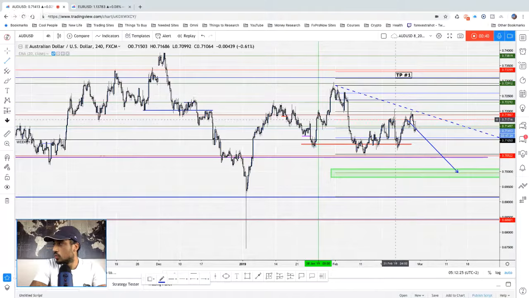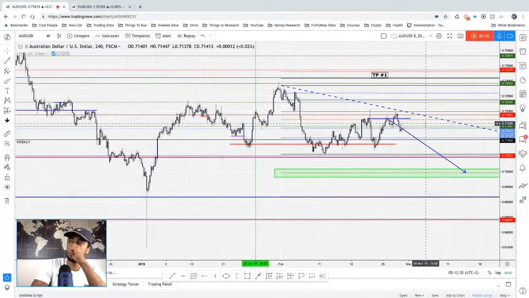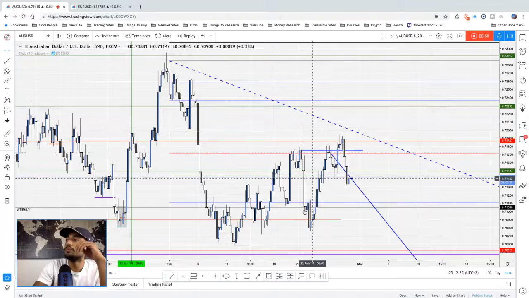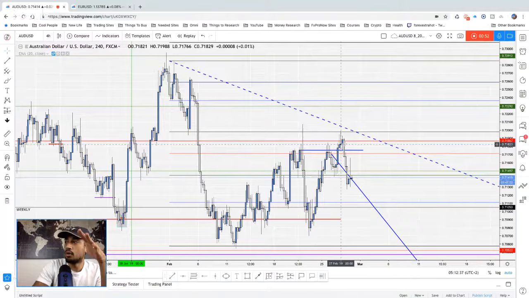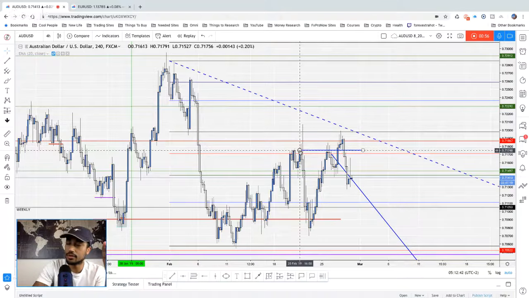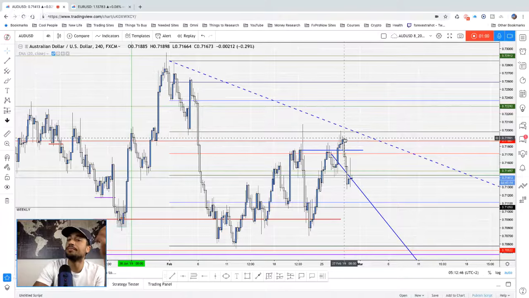So we have a level of support that was definitely broken. And what I like about this, and this is what I teach in the actual course itself, is that it's perfect that it's actually showing this. It broke it, yes, but it tested the level of resistance first, then pushed down, and then broke. That's what we like to see.